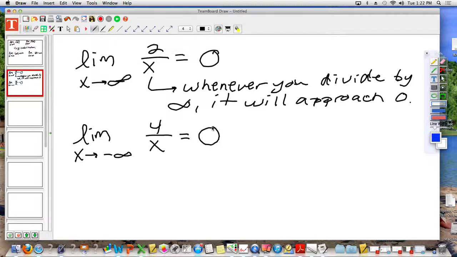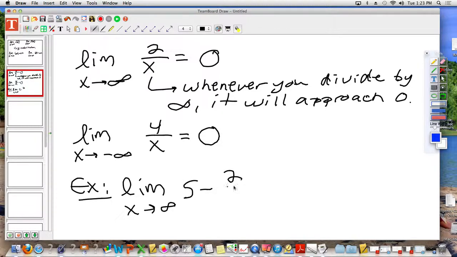What about this? I'm going to call this an example. What about the limit as x approaches infinity of 5 minus 2 over x squared? Well, this 5 doesn't have a variable with it, so regardless, it's always going to be 5.